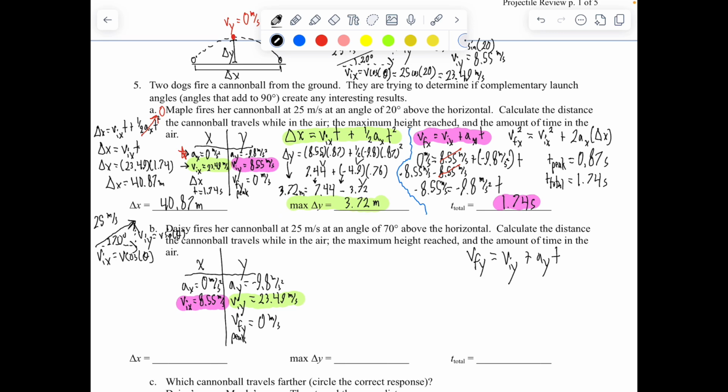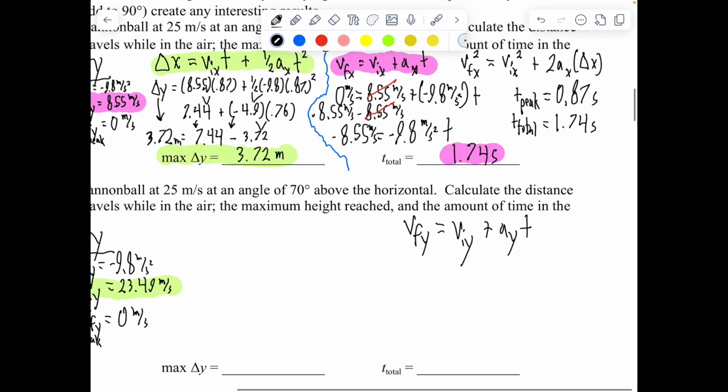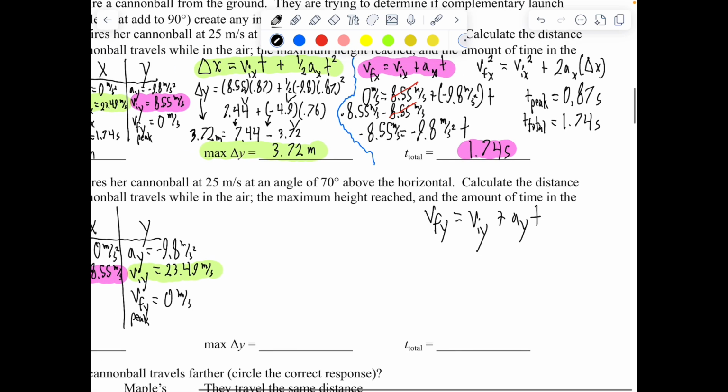All right, let's save some room. I'll just write our numbers instead of our units at the end. Final velocity, 0, equals our initial velocity, 23.49, plus we have our acceleration, negative 9.8, multiplied by our time, which we are trying to solve for.